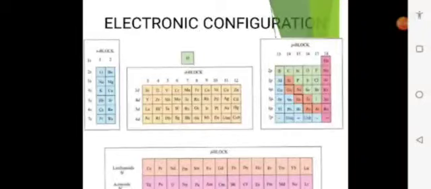In the P block, we can also learn by these rhymes. Same for the 14th group, the 15th group, the 16th group, the 17th group: fluorine, chlorine, bromine, iodine. And the 18th group.